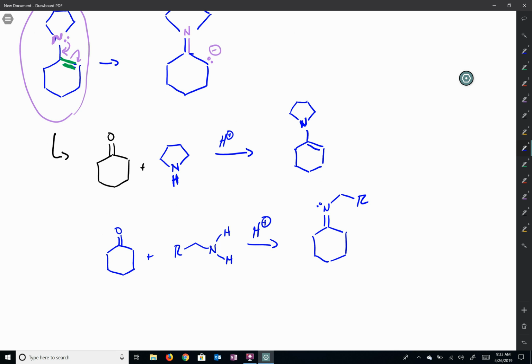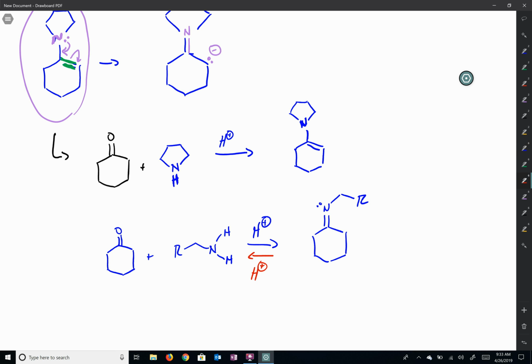And if you remember, we learned that a Schiff base is reversible. If we put it under some relatively harsh conditions, we can put some aqueous acid in there, it's reversible, and it'll get us back to our amine plus our ketone there, okay?